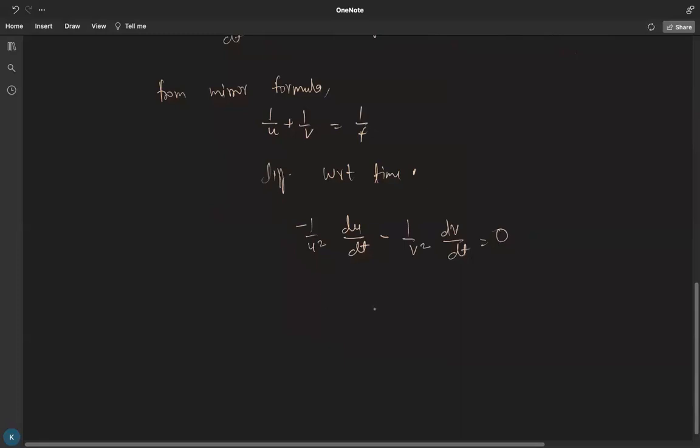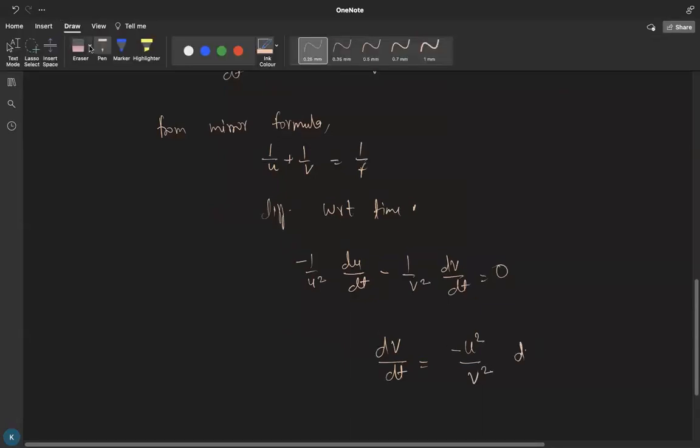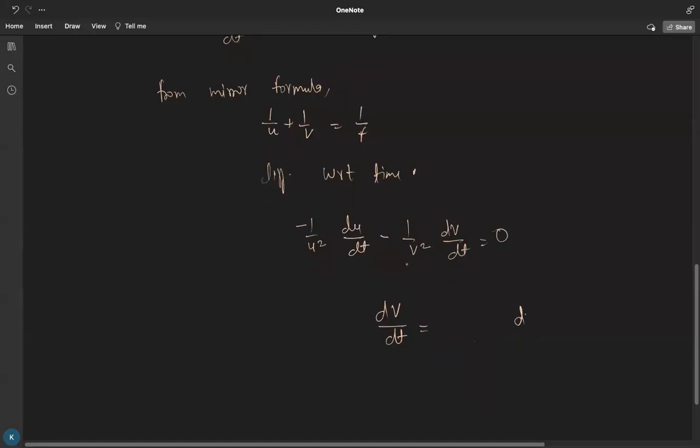So from here we get dv by dt is equal to minus of v square by u square times du by dt.